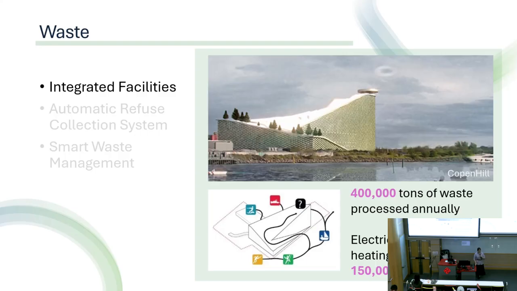One of the characteristics of this particular facility is that it's not only a waste-to-energy facility, it's also a landmark and a community facility. Right at the bottom left corner is a conceptual diagram of what this integrated facility has.